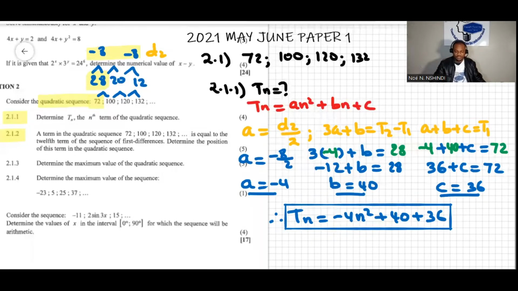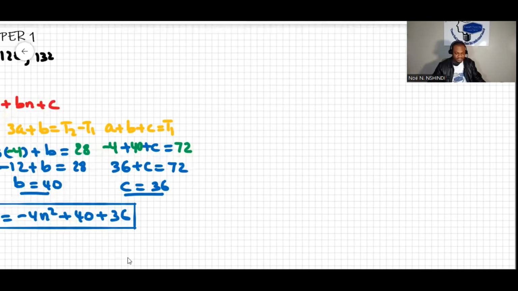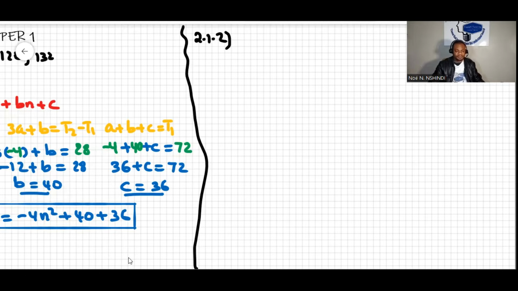Well, I'm going to move my board over here. Split it like this. So 2.1.2. We are looking for a certain term n, Tn.